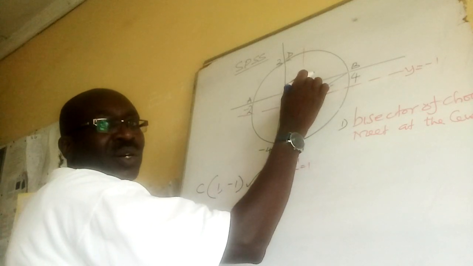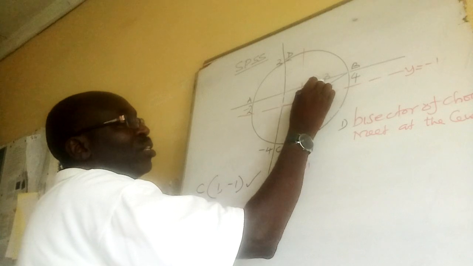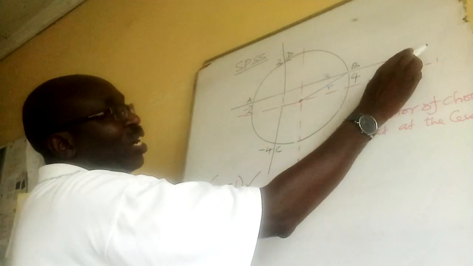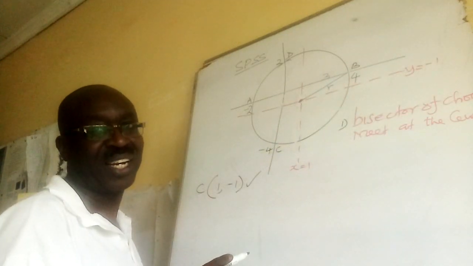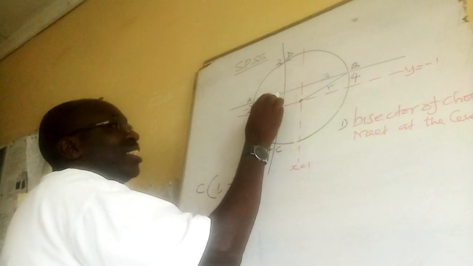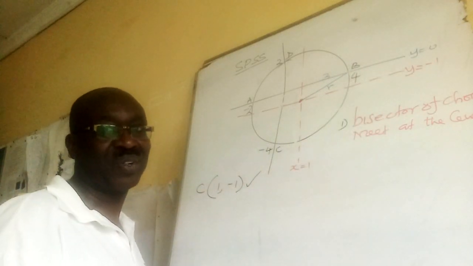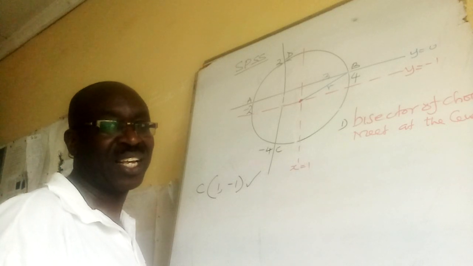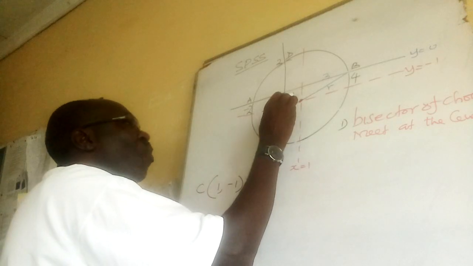So, ordinate difference, what do you get? 3. This is a horizontal line, and this is another horizontal line. This is y equals 0. Abscissa difference, the difference between the two lines is 1.